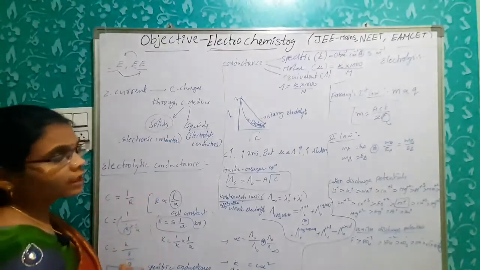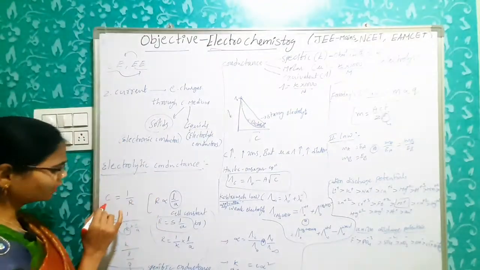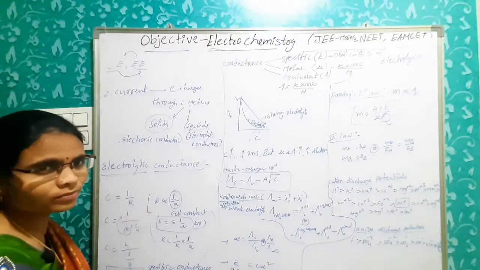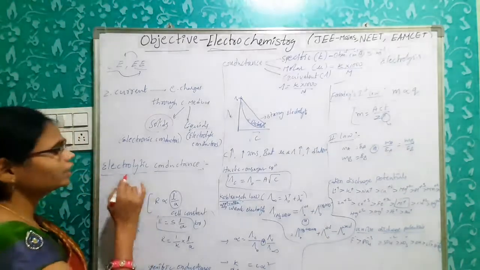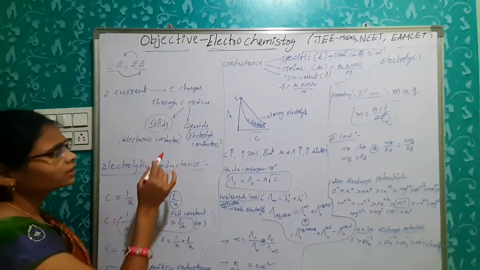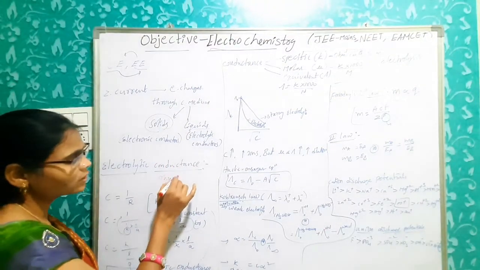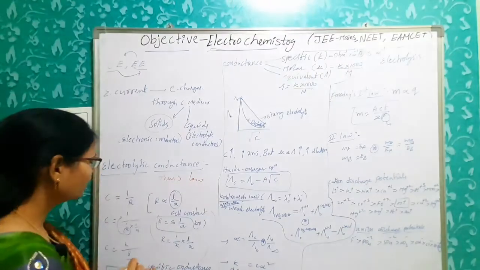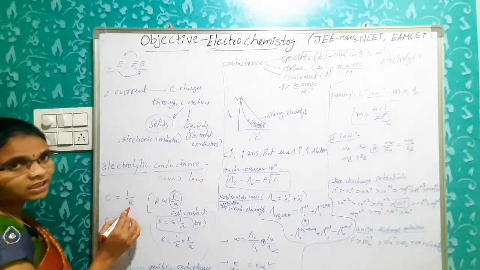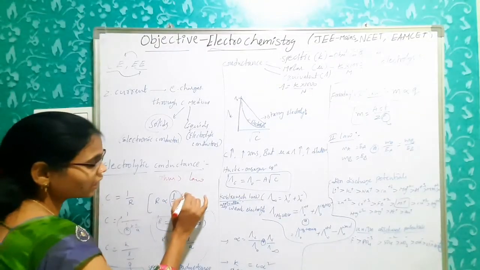Electrolytic conductance. Conductance is nothing but the reciprocal of resistance according to Ohm's law. Electrolytic conductors, similar to electronic conductors, obey Ohm's law. So conductance is the reciprocal of resistance. But resistance is directly proportional to cell constant.